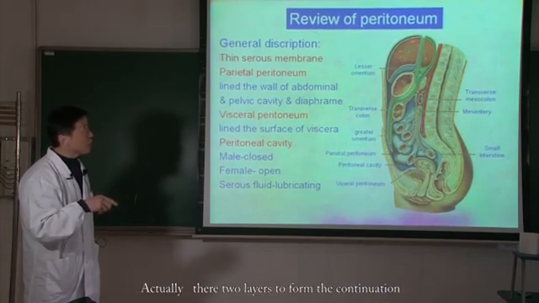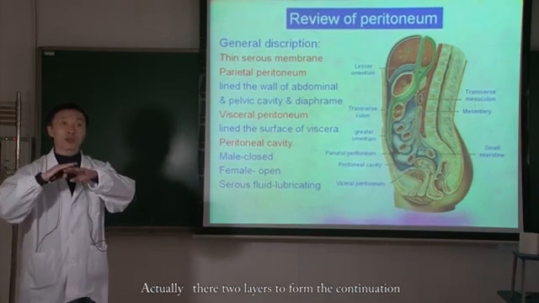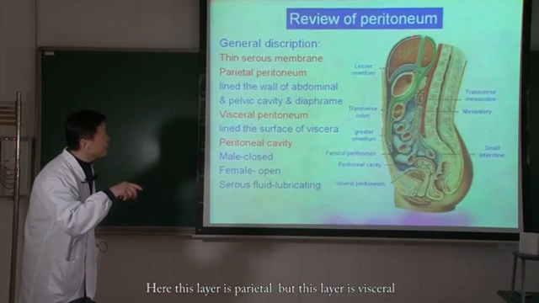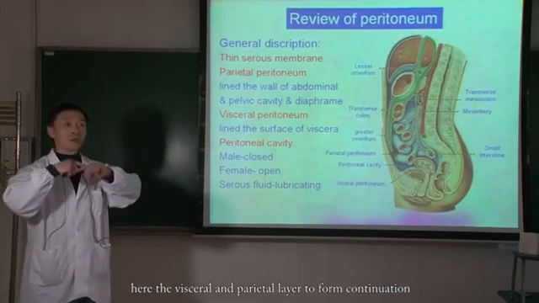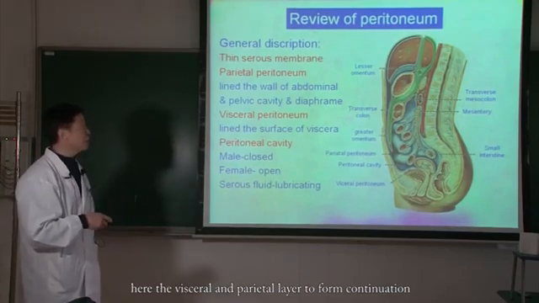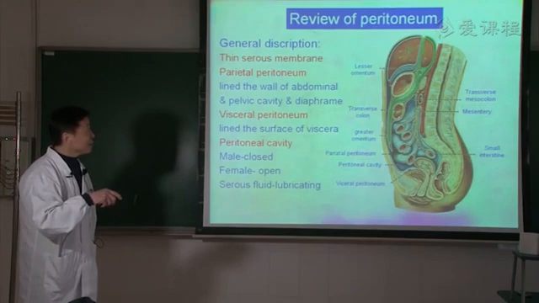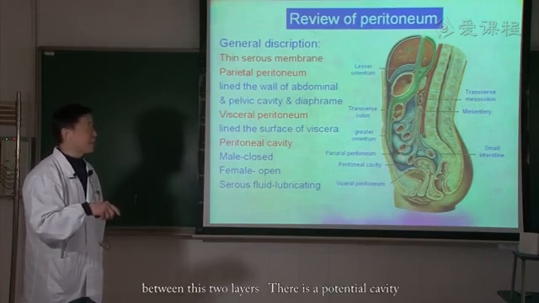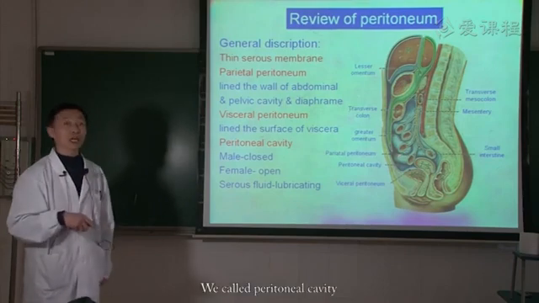Actually, these two layers form a continuation. Here, this layer should be parietal, but this layer visceral. Here, the visceral and parietal layers form the continuation. Between these two layers, there is a potential cavity. We call it the peritoneal cavity.